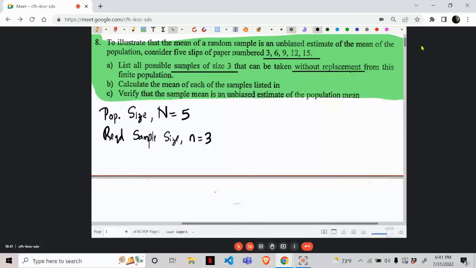And clearly it is mentioned without replacement. So can you tell me how many samples are possible? 10. How did you get that, Sushmita? Yes, sir.